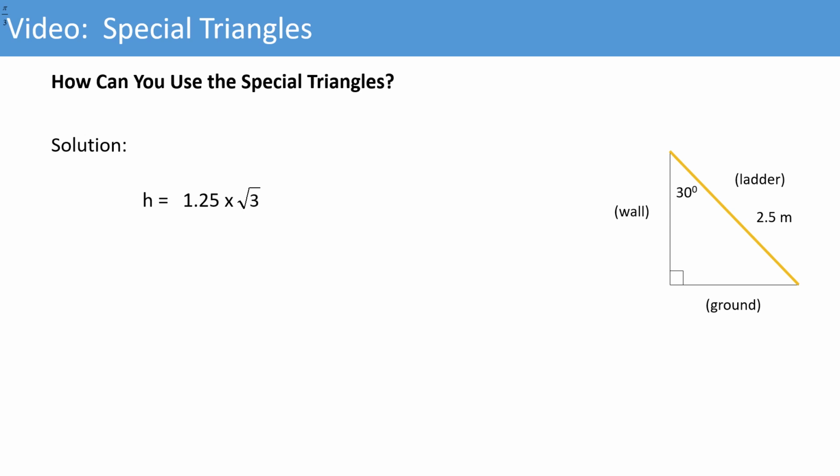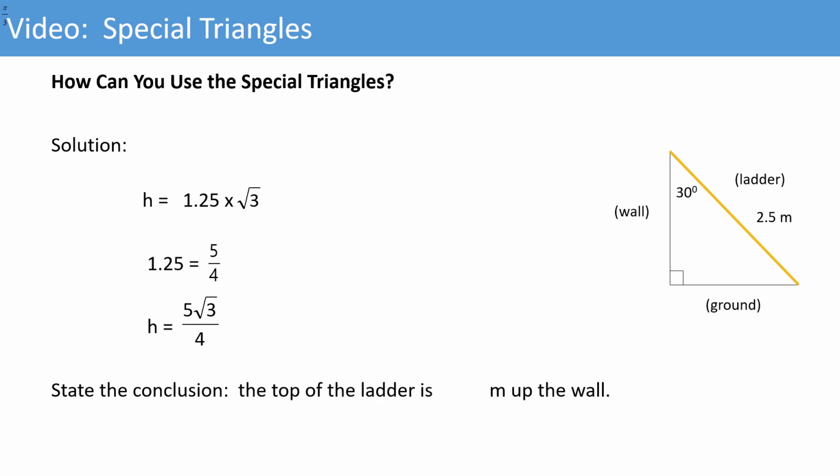And now we know that 1.25 can be written as the fraction 5 over 4. So we can replace 1.25 by 5 over 4, and we will get the exact value, 5 times square root 3 divided by 4.